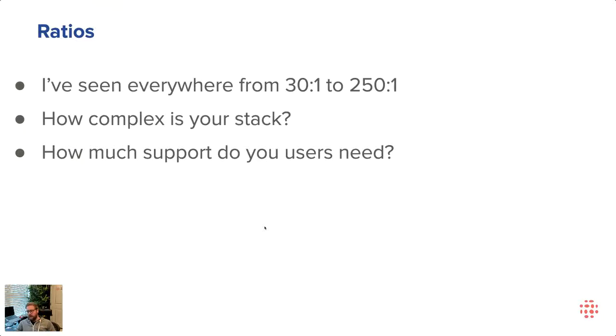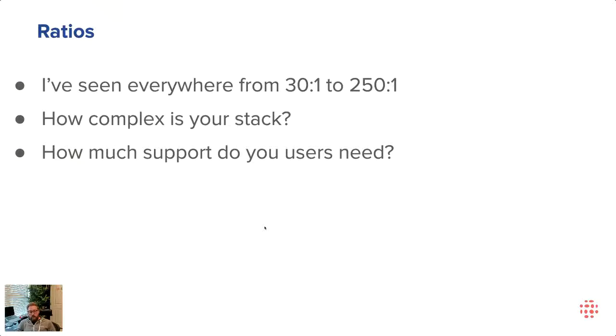In some organizations that are super tech forward, they have a lot of end users that will try and solve problems on their own, that will take care of a lot of that tier one help desk on their own, without reaching out to IT for help. Now, in other organizations, they may have users that need more assistance, need more training, and all of that. And again, this completely depends on your environment.